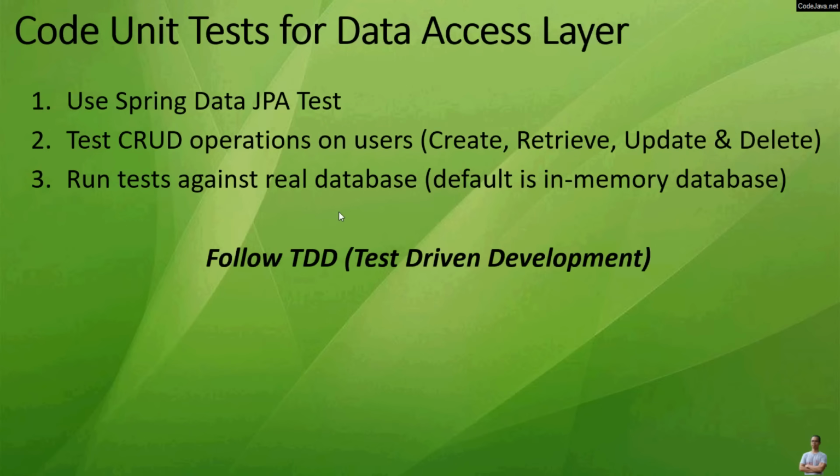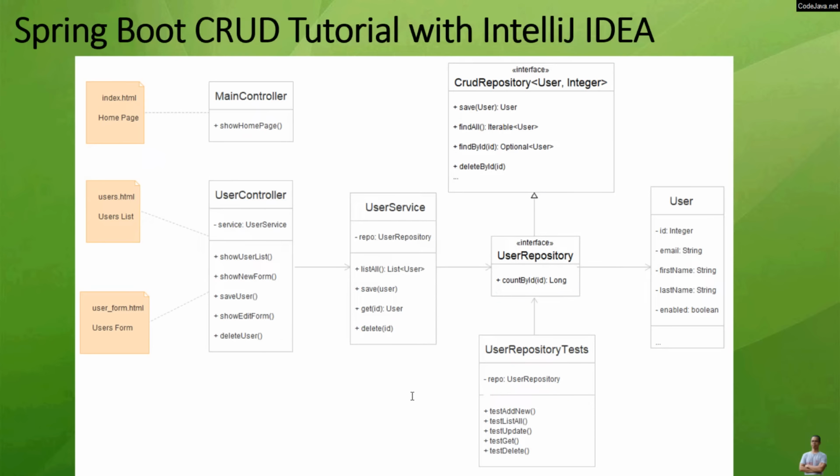And it is strongly recommended to write unit tests in order to follow TDD, test-driven development methodology. So we are going to code the UserRepositoryTest class for testing CRUD operations on users, such as add new, list, update, get and delete, like this, you see.